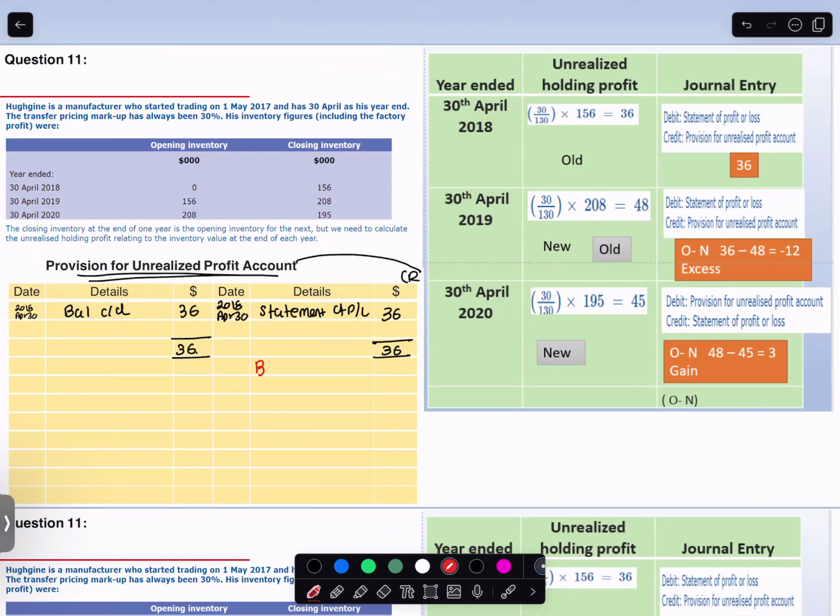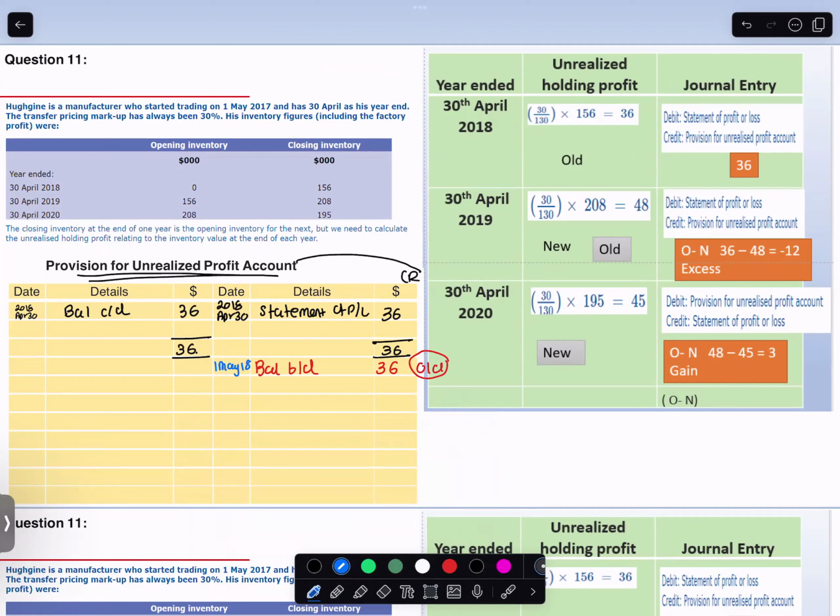Now you will bring this balance brought down, 36, on the first. So old balance on the credit side. New PUPA. What is the new PUPA? It's 12. So this will be what date? 1 May 2018.